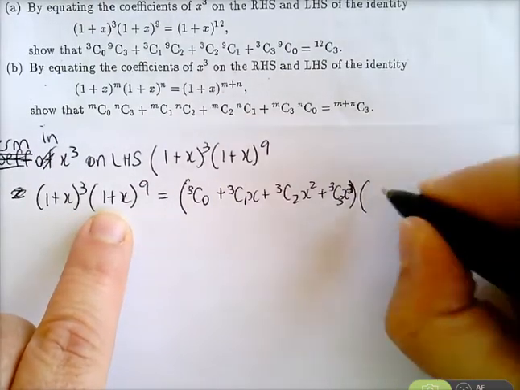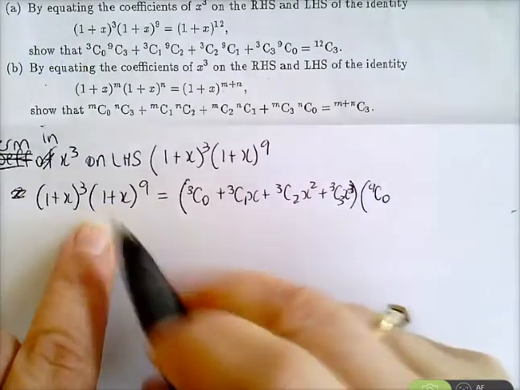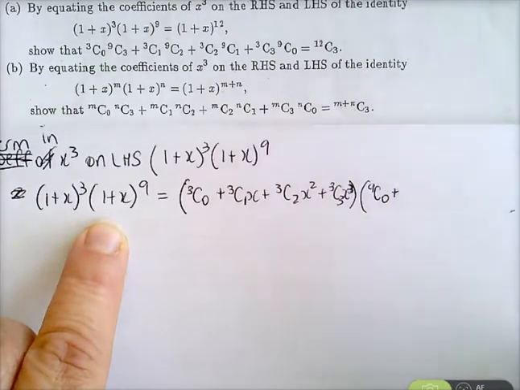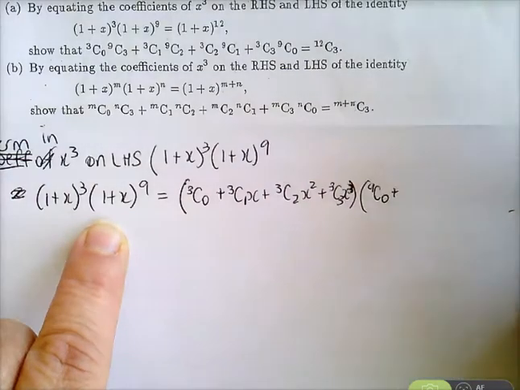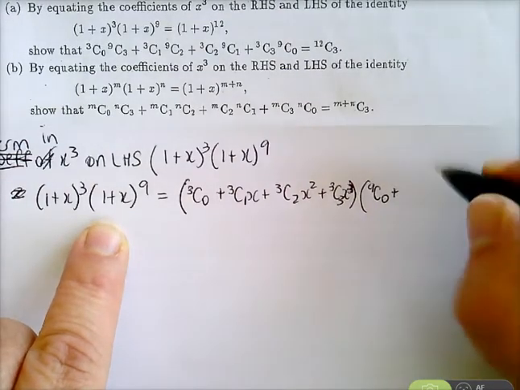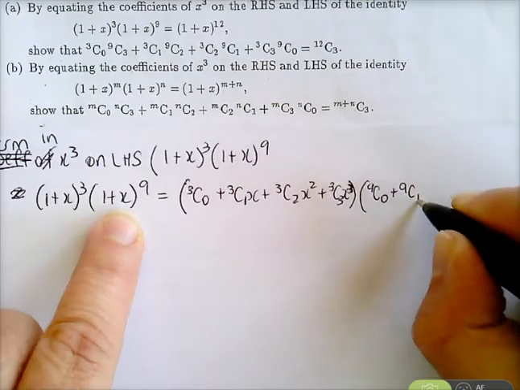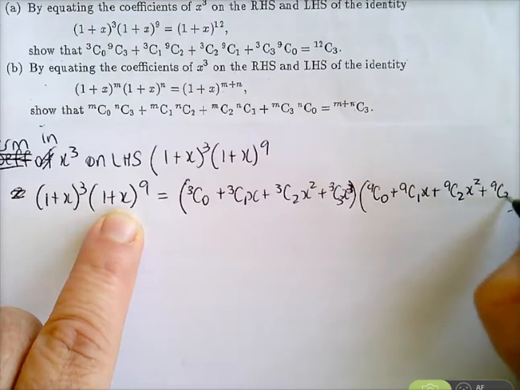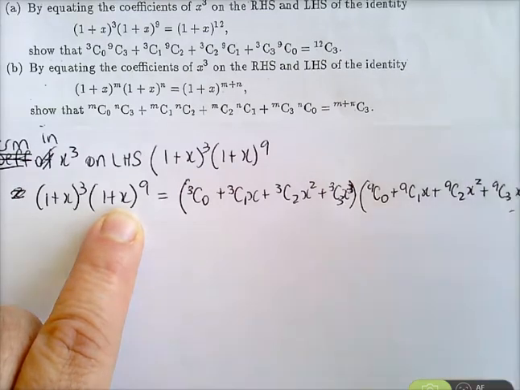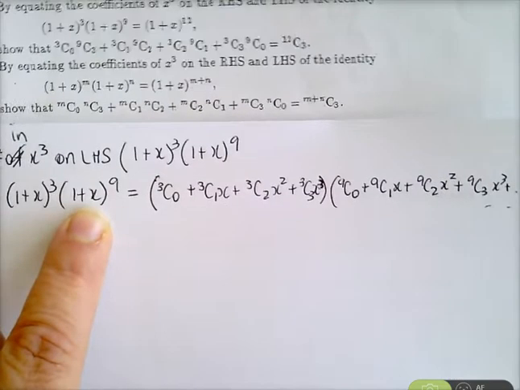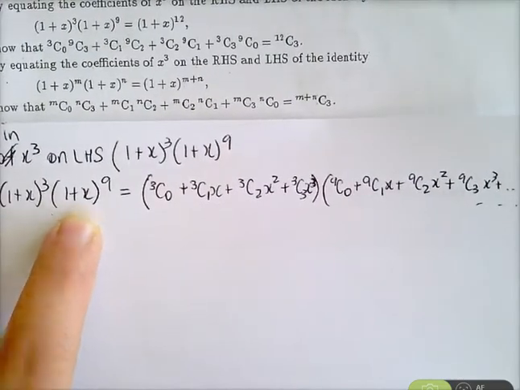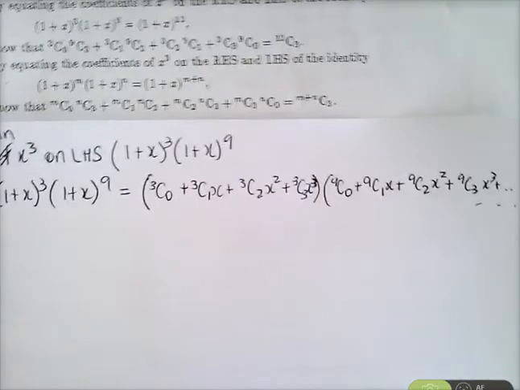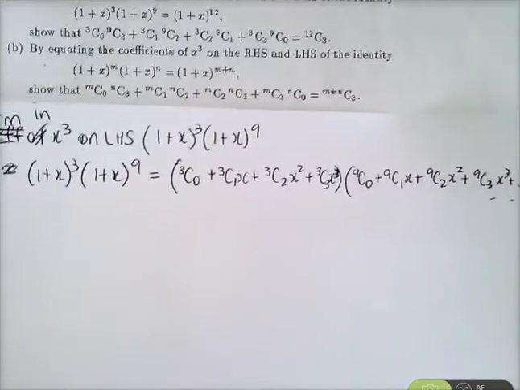Then what would be the first one here? 9C0, because x to the 0 is 1 and 1 to the power of 9 is 1, plus 9C1 x, plus 9C2 x squared, plus 9C3 x cubed. I don't need the rest because I'm only going up to x cubed. So that's a partial expansion of (1 plus x) cubed times (1 plus x) to the 9.